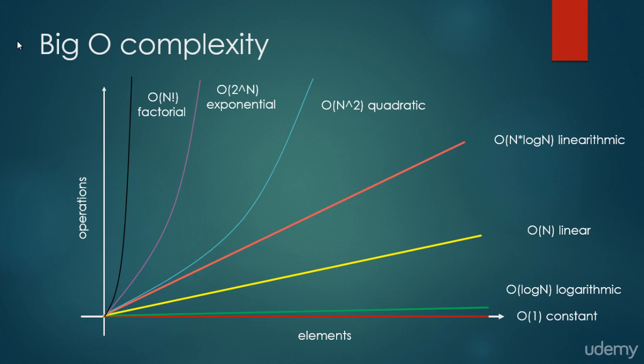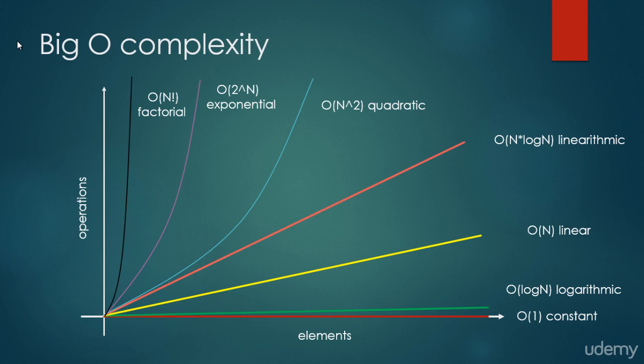Then a very efficient complexity is the so-called logarithmic, O(log n). For example, if you want to search for something in a sorted array, we can use logarithmic or binary search. Or if you are familiar with binary search trees, we can find anything in logarithmic time. So it's very, very efficient.